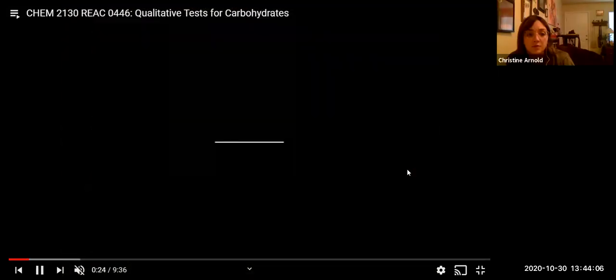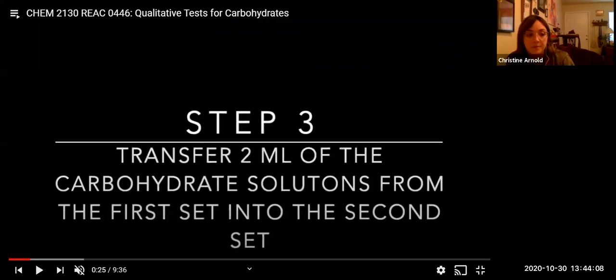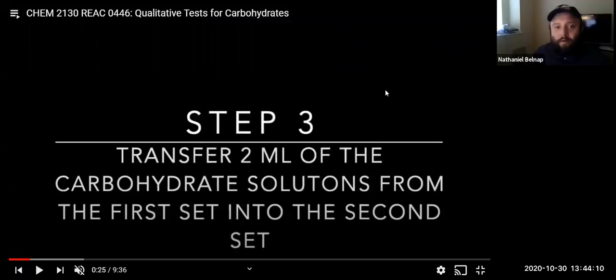So this is for the first row, right? This is for the first row, I believe, yes. I haven't seen the video yet, so I don't know exactly how it's doing it. So it says transfer 2 mils of the carbohydrates from the first set to the second set.